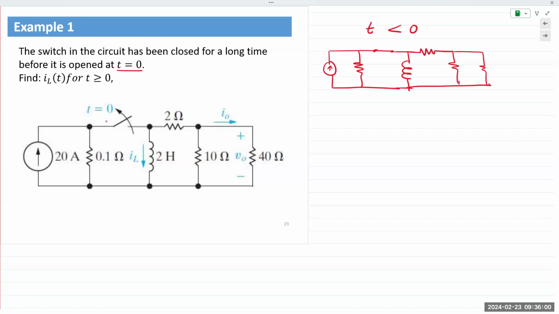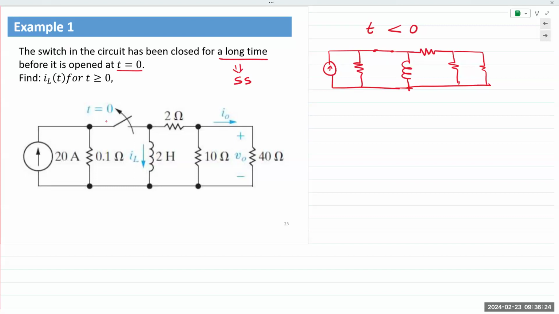Okay, switch has been closed for a very long time. What do you expect the inductor to be? Remember, a very long time indicates the component is at steady state. So sufficient time has elapsed for the inductor to reach full charge.